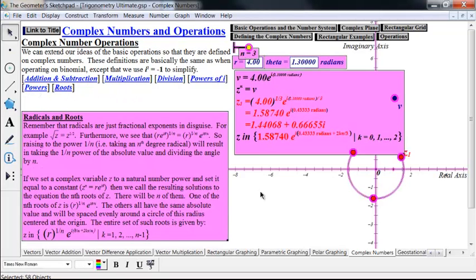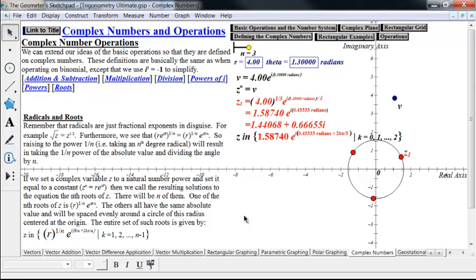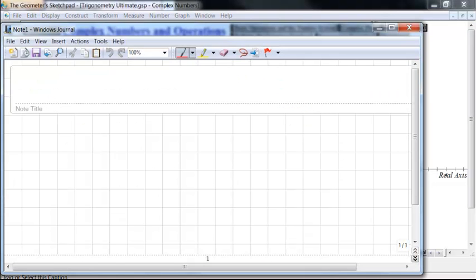Now, this has some interesting things to say when we get to roots. So remember that radicals or roots are just fractional exponents in disguise. A square root of z, for example, means z to the 1/2 power, or the nth root of z is z to the 1 over n.